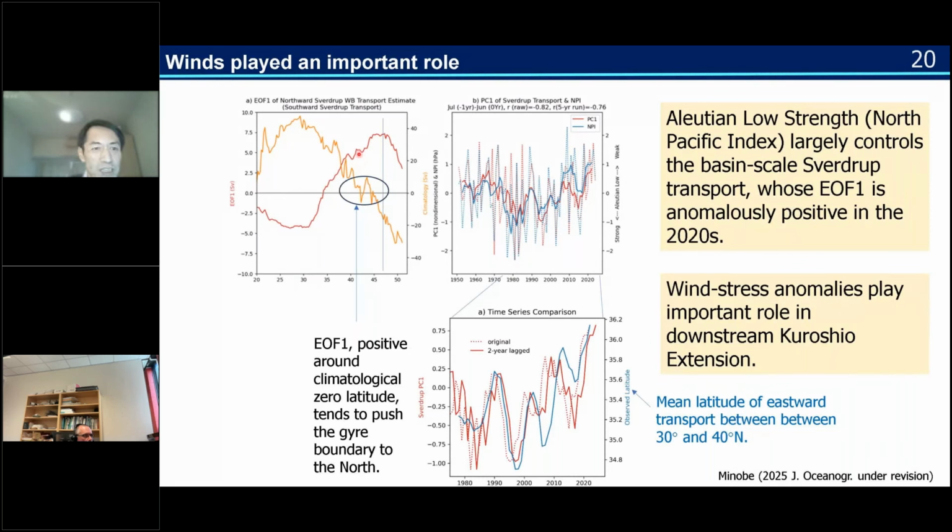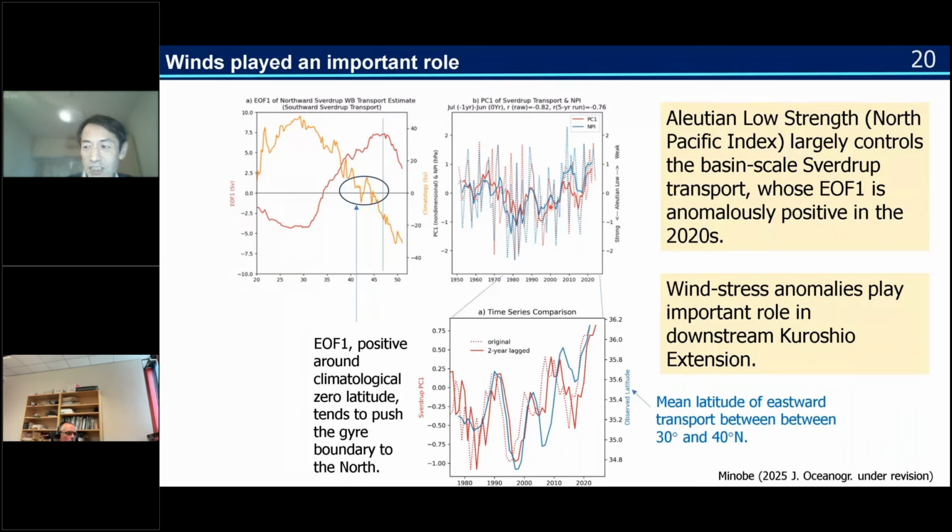That means that if EOF1 is positive, then this tends to push the boundary of the subtropical gyre and subpolar gyre northward. And this EOF1 of the Sverdrup transport estimated boundary current exhibits decadal variability shown in red.